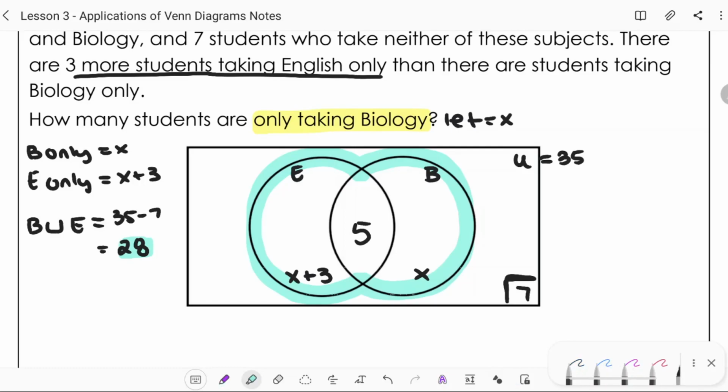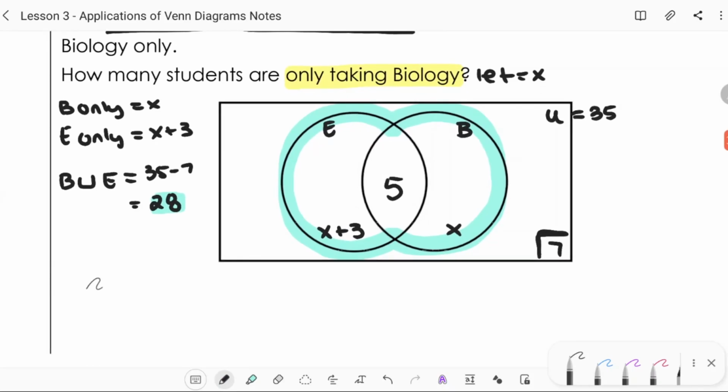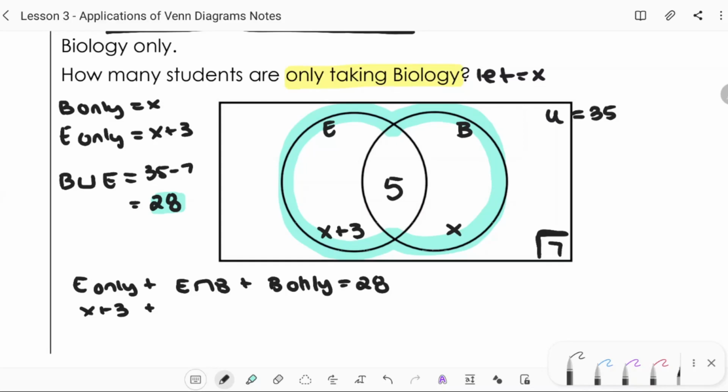So, using those algebra skills that I know we all have in us, these 3 sections, E only plus E intersect B plus B only, has to total 28. Well, E only, I had an expression for that. E only is X plus 3. The intersect, I had a value for that. E intersect B was 5. B only was X. This mathematical expression has to total 28.